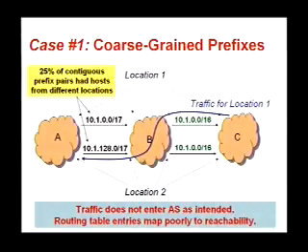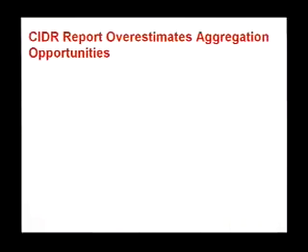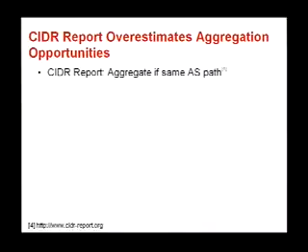But it also suggests something for one of these reports that we see just about every week, where the CIDR report says there are these contiguous prefixes with identical AS paths, and look how much we could decrease the routing table size if we just aggregated those.